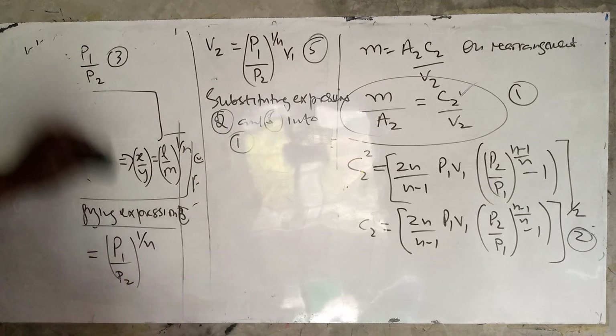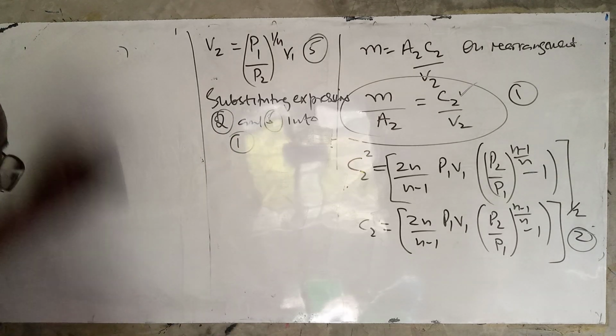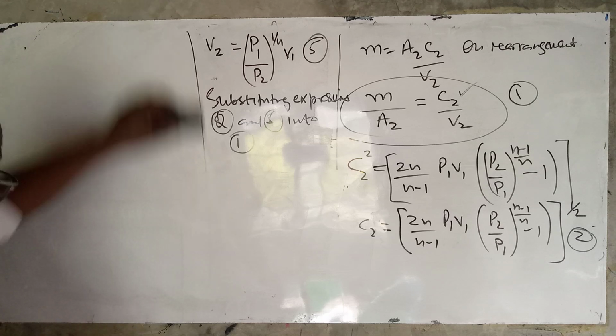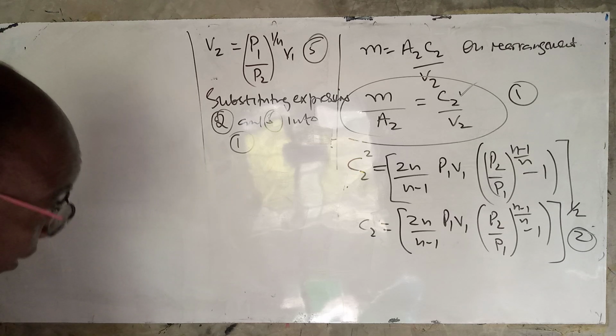then we obtain our expression now for mass flow rate per unit area.